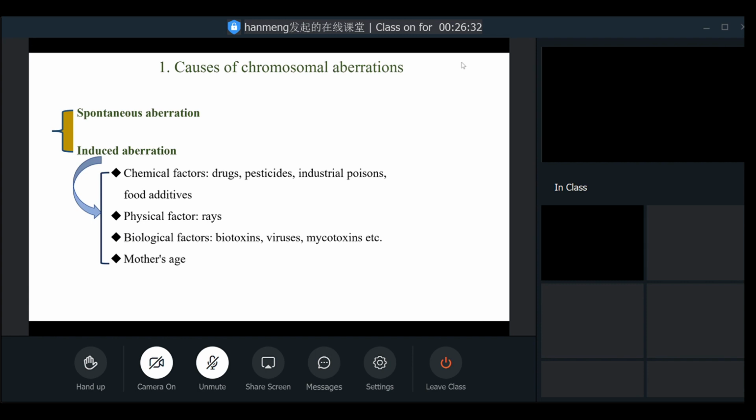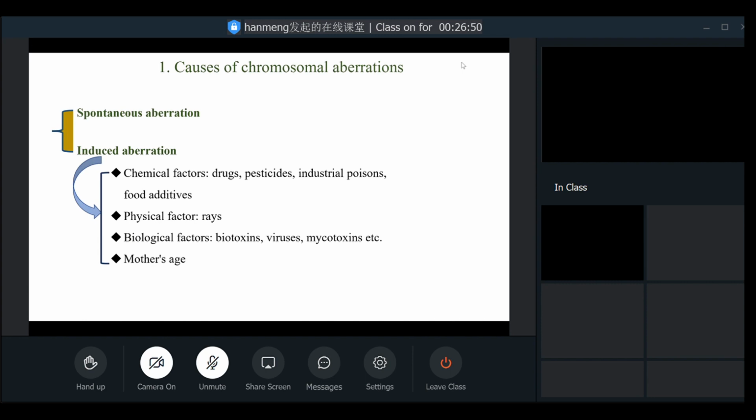First, as we learned about gene mutation, we know gene mutation has spontaneous mutation and induced mutation. In nature, spontaneous mutation is very, very rare.